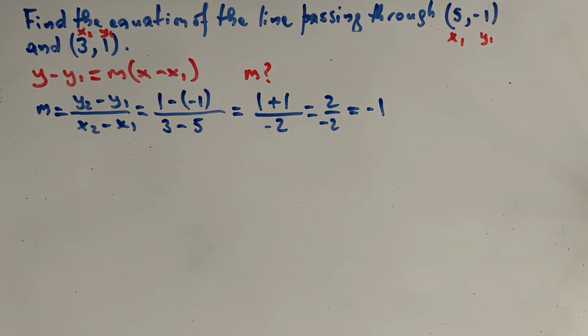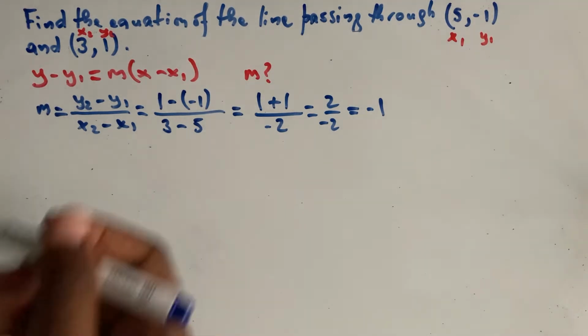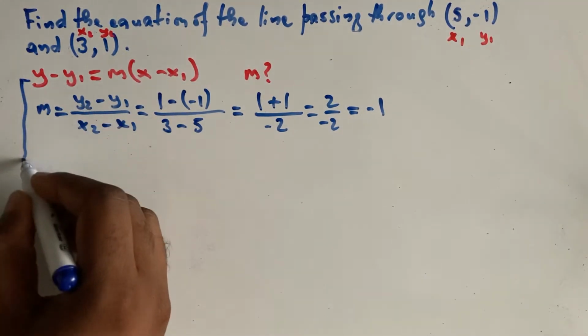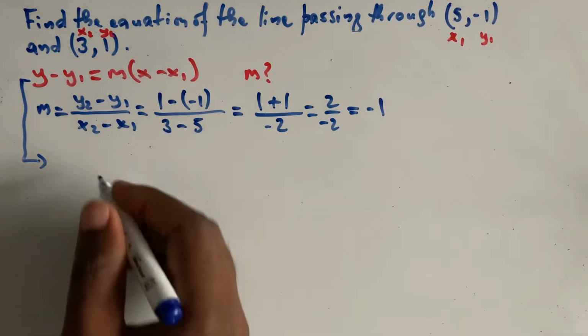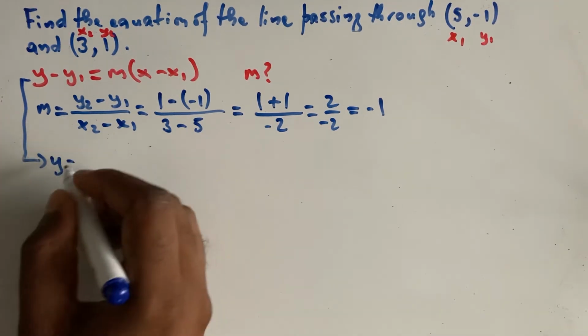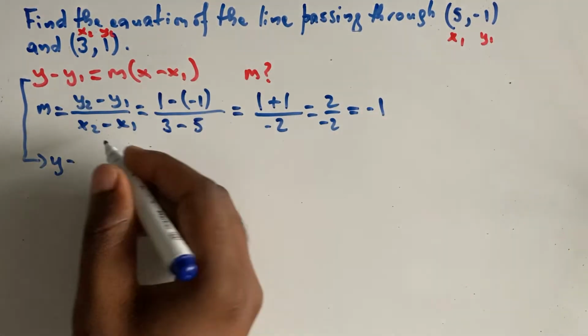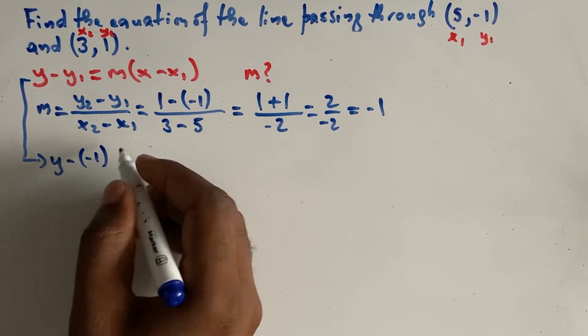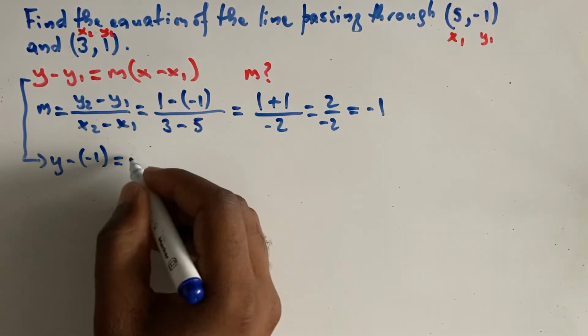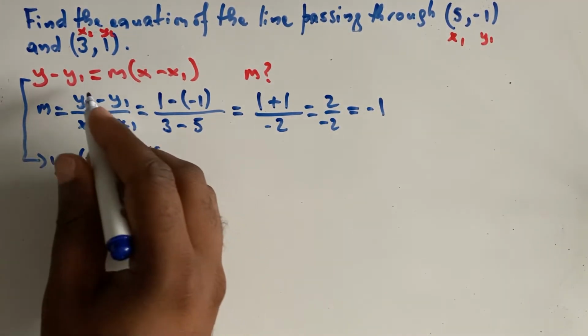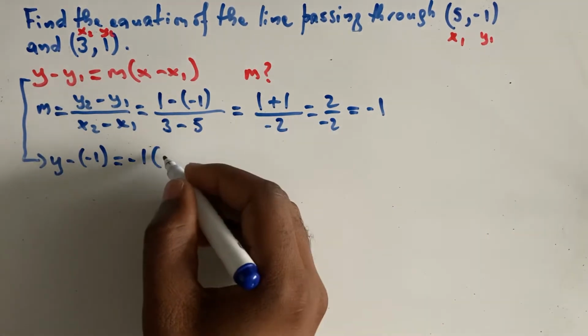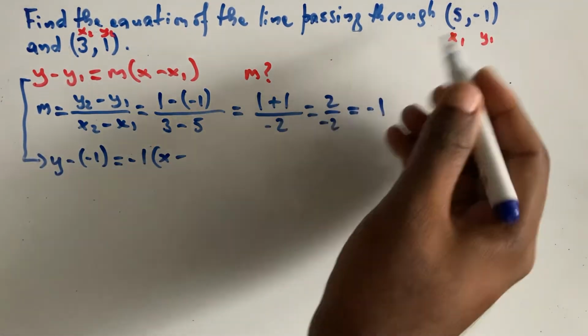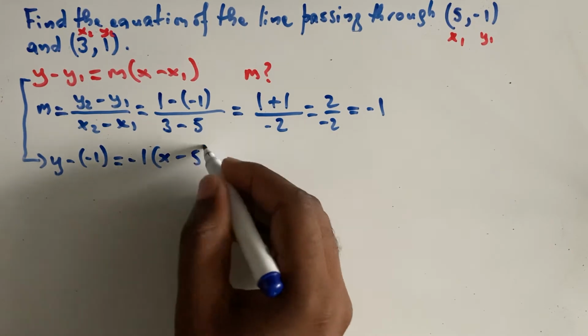Now you have m, you have x1, y1, so you can get the equation. We'll go back to the equation and substitute. So we have y minus y1, which is negative 1, equals m, negative 1, times x minus x1, which is 5.